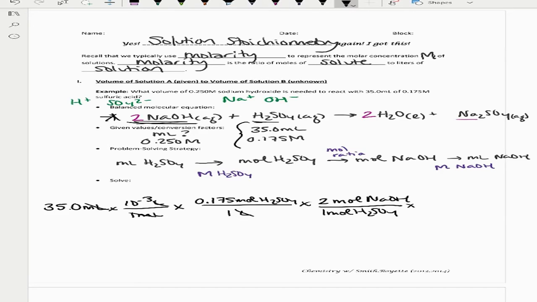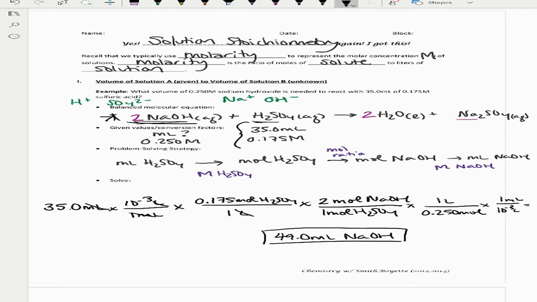And then we'll convert from moles to liters using our molarity of NaOH. Then we'll convert back to milliliters. We should get an answer of 49.0 milliliters of NaOH. And more specifically, it's 49.0 milliliters of the 0.250 molar.